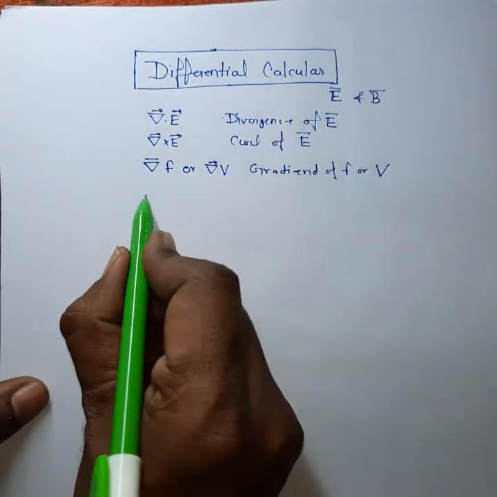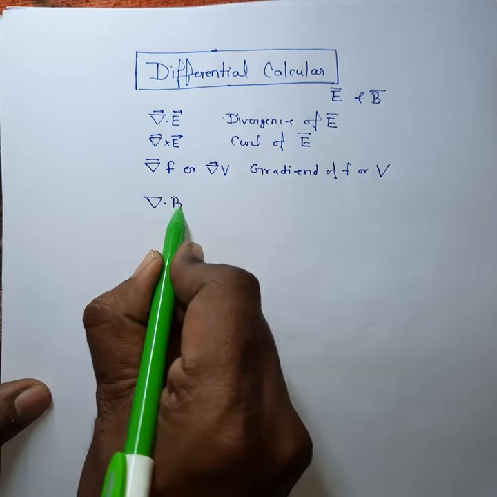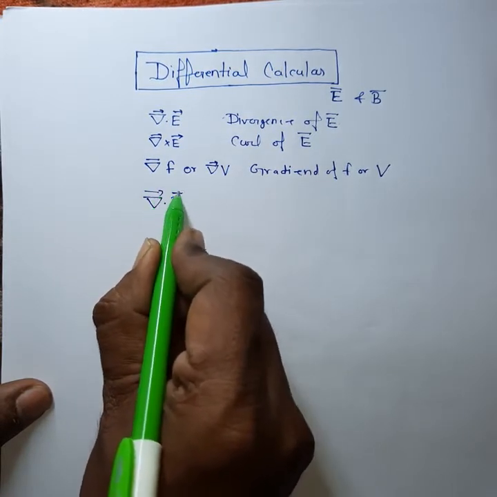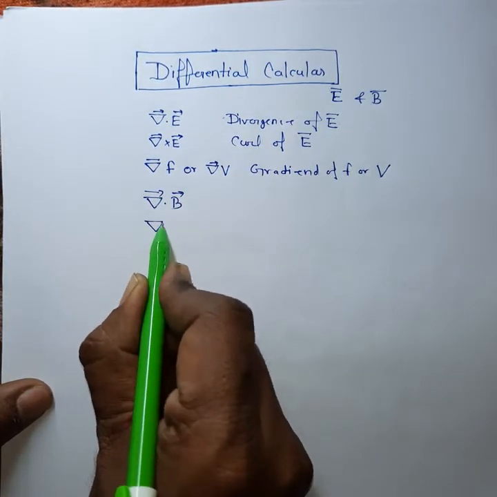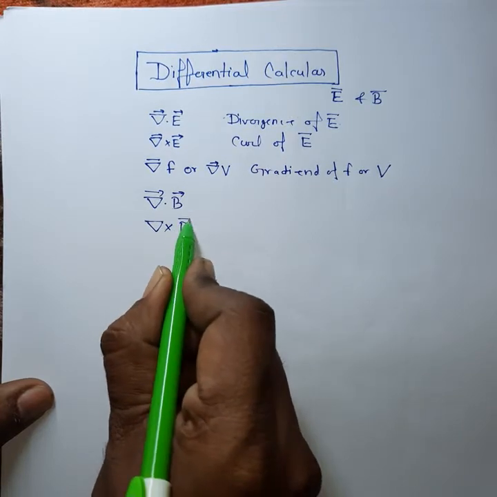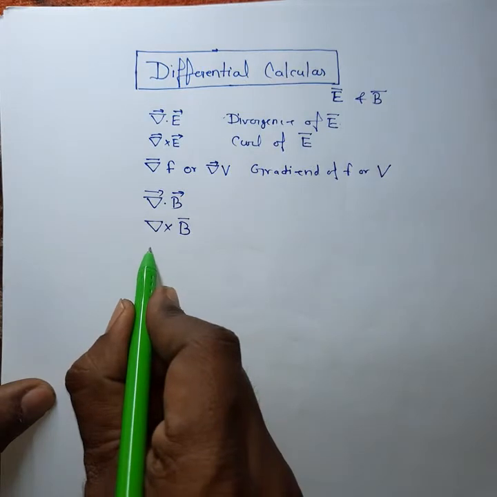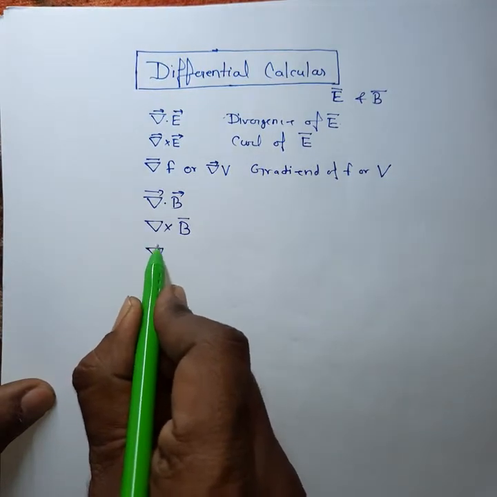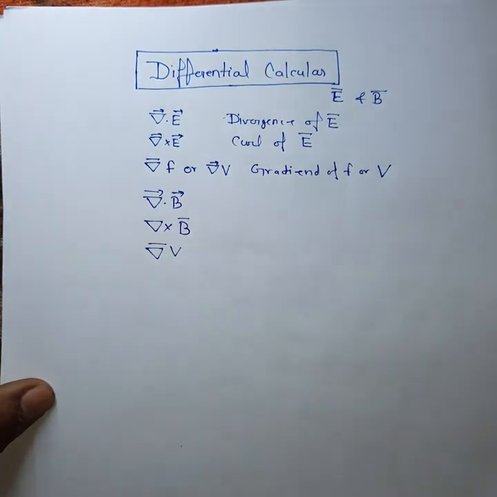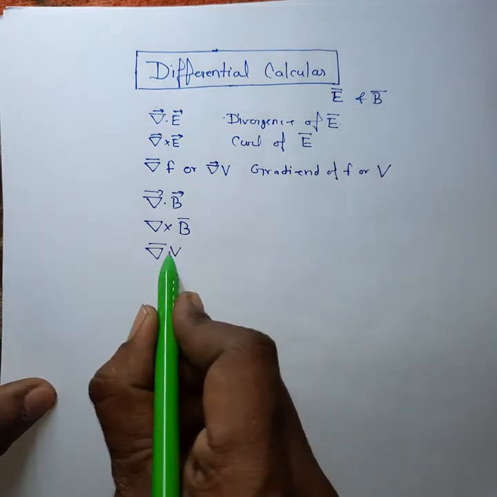Similarly, you will see divergence of B, curl of B, and again the gradient of any scalar function.